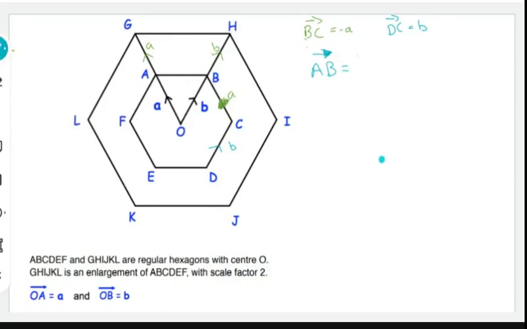So how can we get from A to B? It just goes straight. From A to B? Yeah. But what vector is that though? Remember, it doesn't matter how we get there.